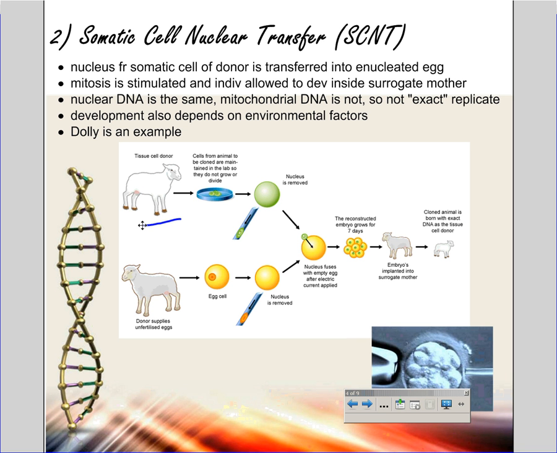Okay, which donor? Right, okay, so because it's going to end up taking the nucleus from these cells, okay, so it's pulled the nucleus out into the pipette, and it's going to then insert it into this enucleated egg. The baby in the end will look like the somatic cell donor.